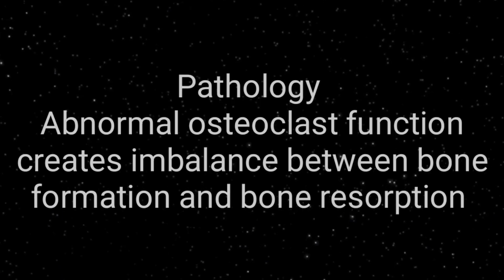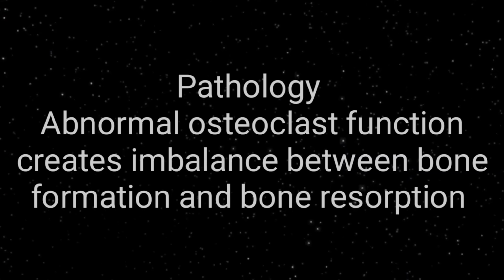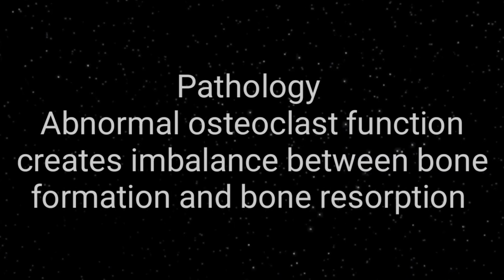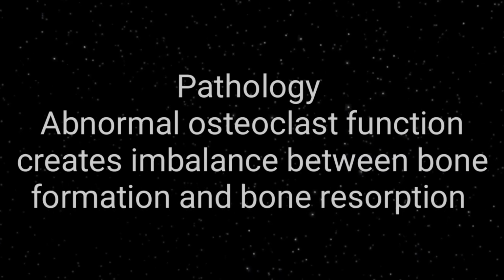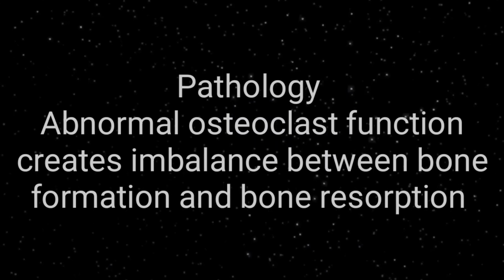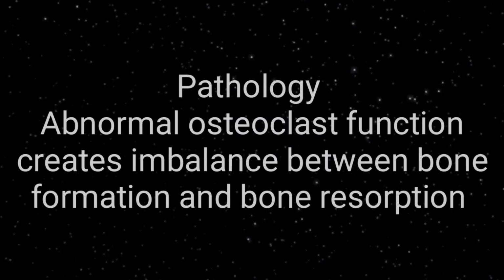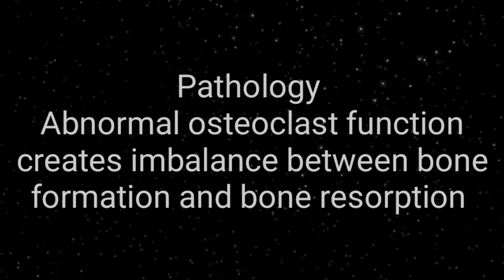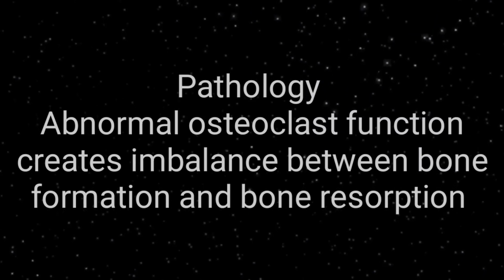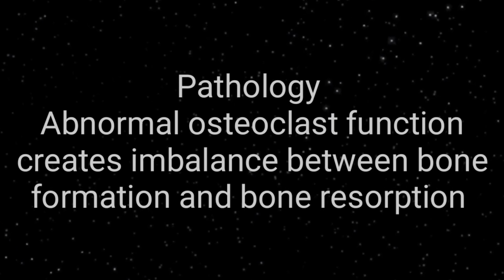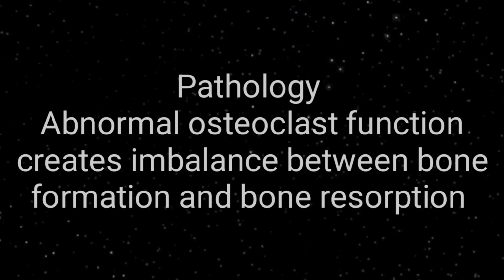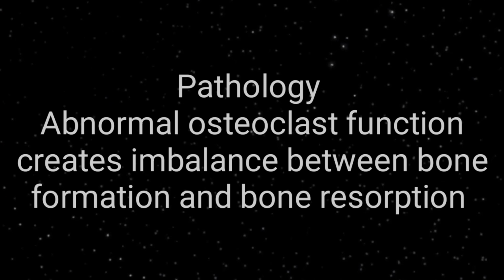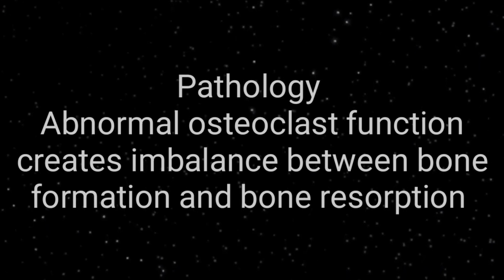Osteopetrosis is also known as marble bone disease, and what happens is that abnormal osteoclast function creates an imbalance. There are two types of activity: osteoblast activity and osteoclast activity. In osteopetrosis, osteoclasts create an imbalance between bone formation and bone resorption.